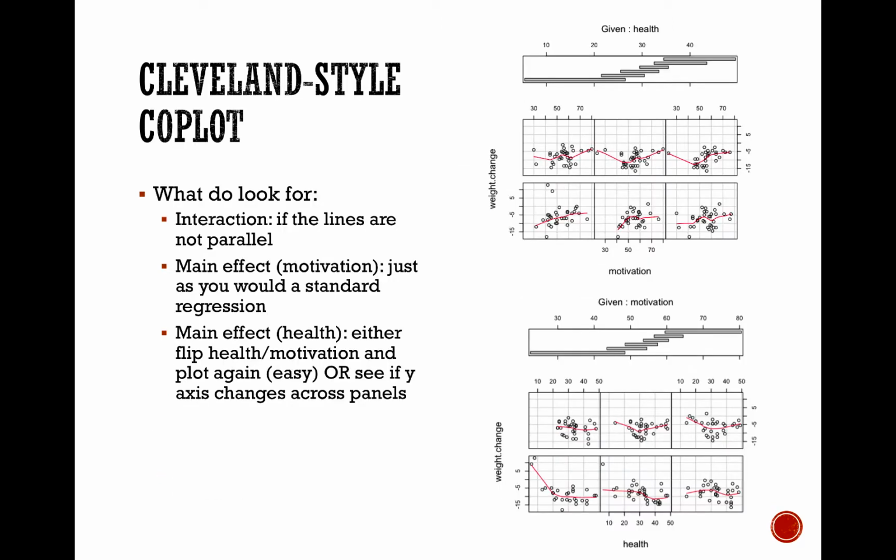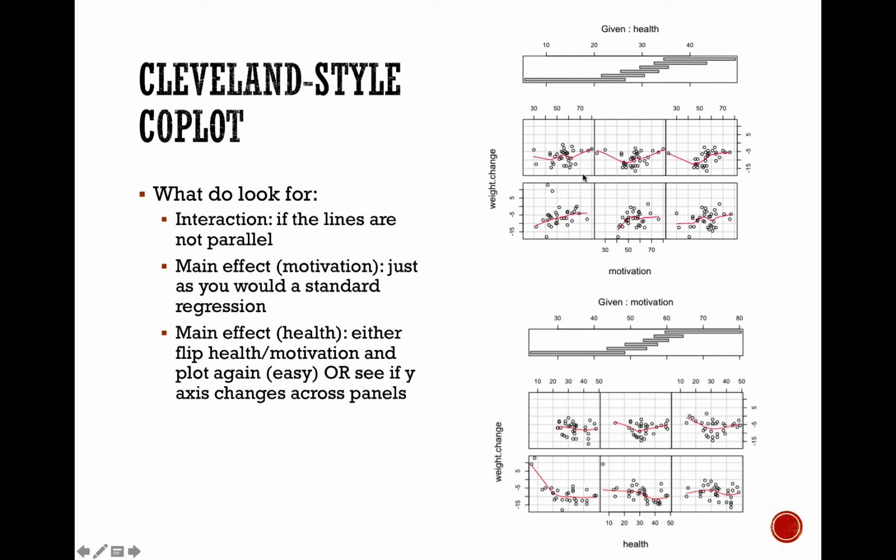All right, so what do you look for? Like I said, interactions, if the lines are not parallel. If you're looking for main effects on the motivation variable in this case, which is the x-axis, you just interpret it like you would a standard regression. So it looks like across all these, there seems to be some sort of relationship. So at the bottom end, it's a positive, weak-ish relationship.